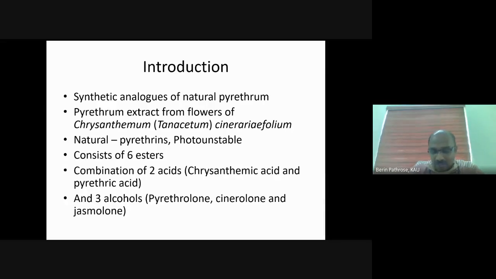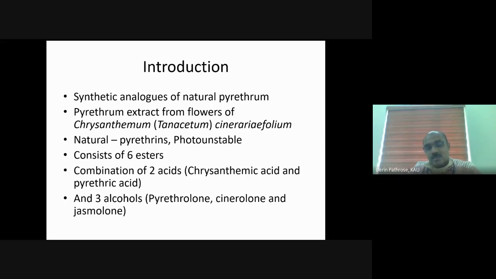And basically, a pyrethrin or a pyrethroid, whatever it may be, is mostly an ester of an acid and an alcohol. If you remember your science classes in 8th, 9th, 10th, you might remember the ester bond.